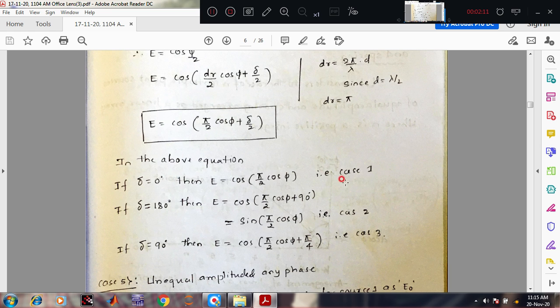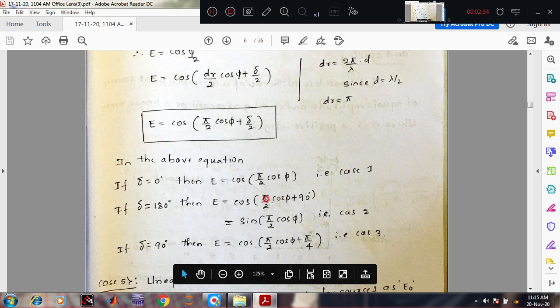This is case 1 that we discussed, two isotropic point sources with the same magnitude and phase. If I substitute delta equal to minus 180 degrees, then 180 by 2 is 90 degrees. Therefore it is cos of pi by 2 cos phi plus 90 degrees. This will be 90 plus theta, so it is allied angles. It is sin of pi by 2 cos phi. It is case 2, right?